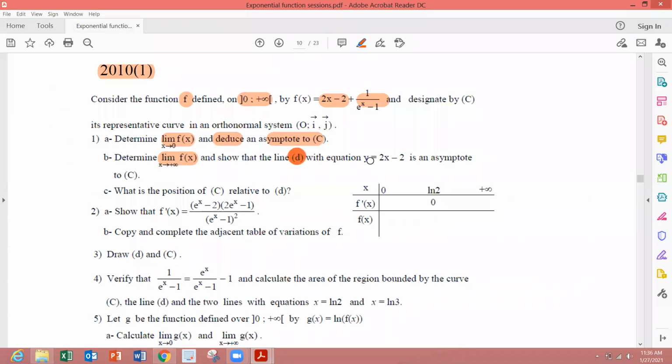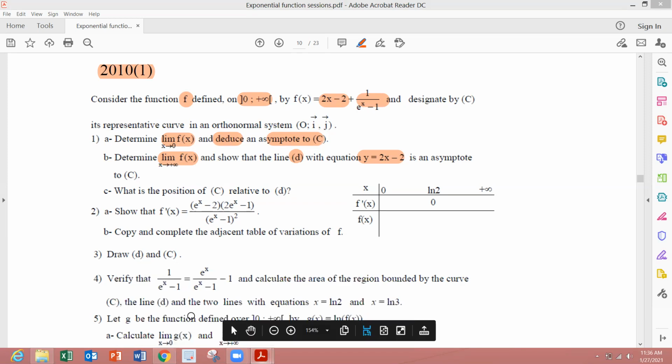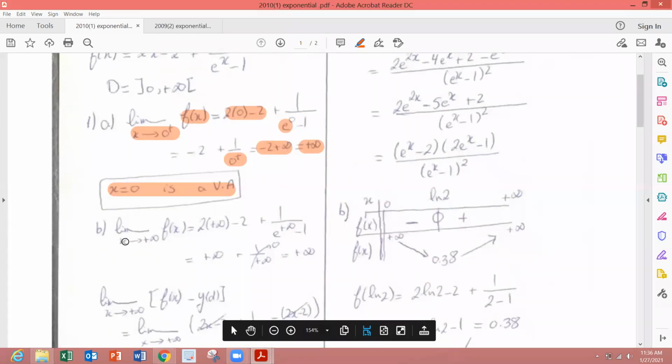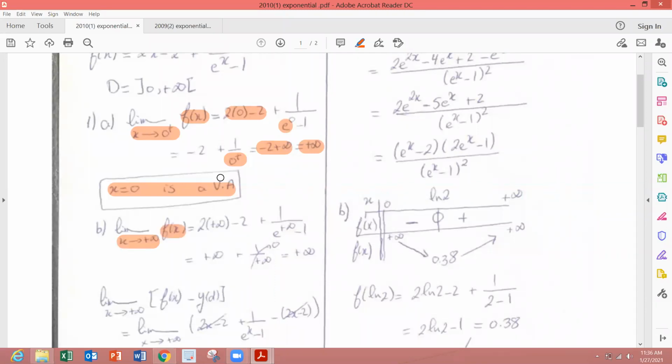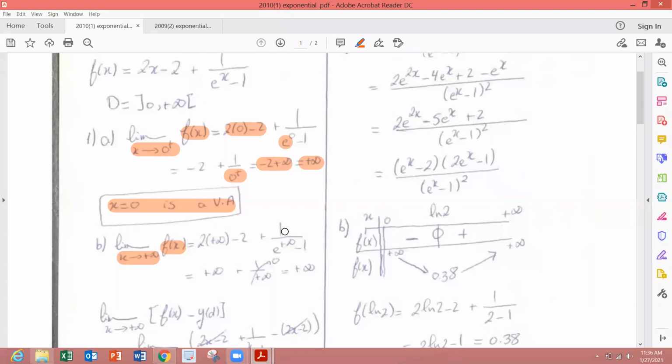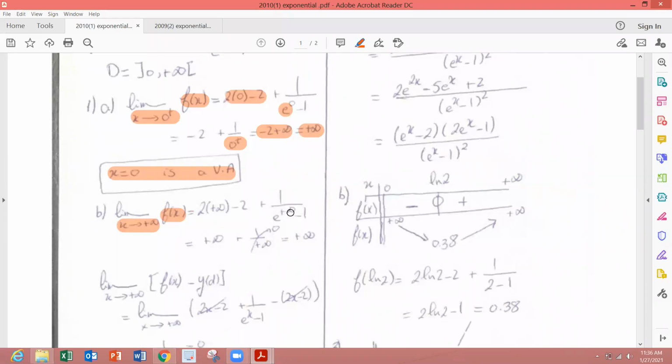And we are going to verify that the line D, y equals 2x minus 2, is an asymptote to C. Limit as x tends to plus infinity of f(x): we replace each x by infinity, 2 into infinity minus 2 plus 1 over e to the power infinity minus 1. 2 times plus infinity is plus infinity. e to the infinity is plus infinity, and a number over infinity is 0. So we get plus infinity.